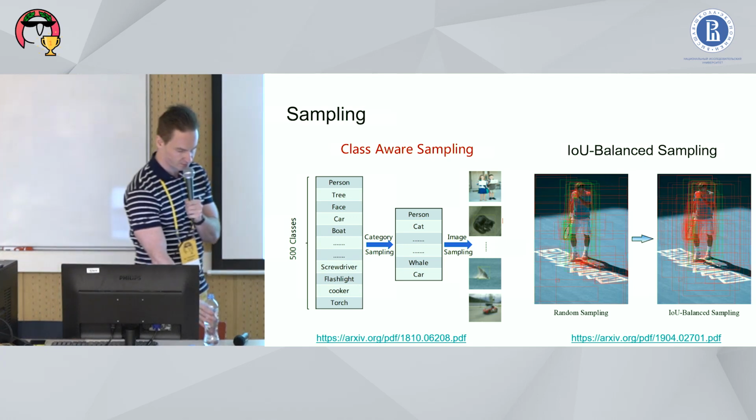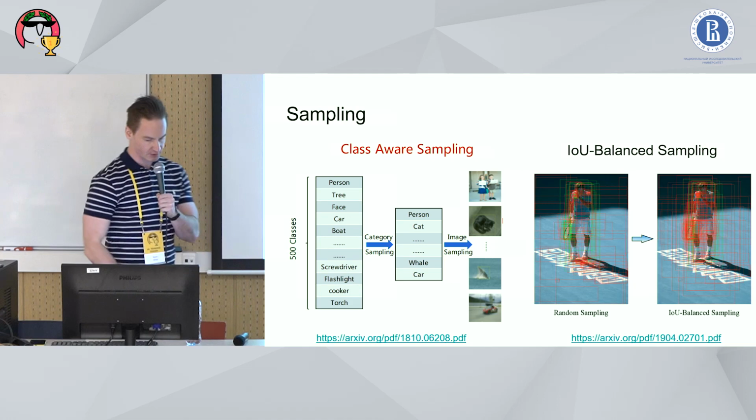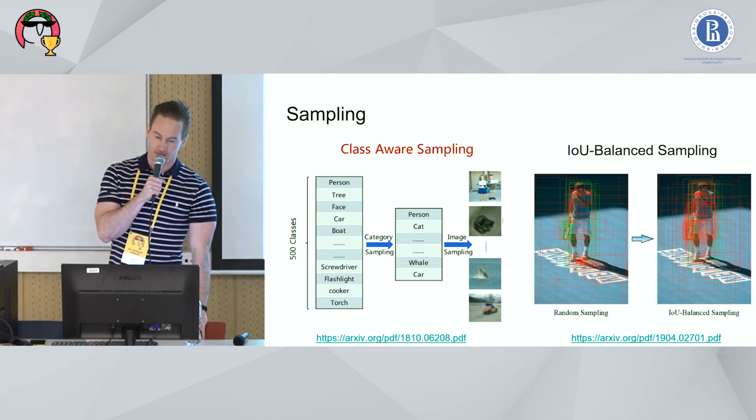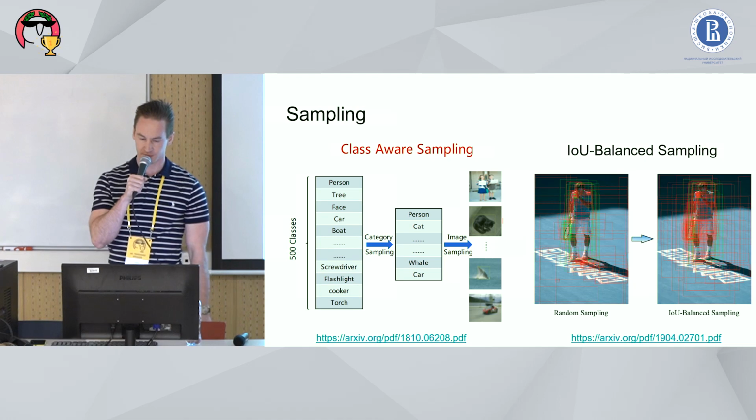The next thing is the sampling. Everybody used some kind of class-aware sampling because you need to deal with this imbalance.